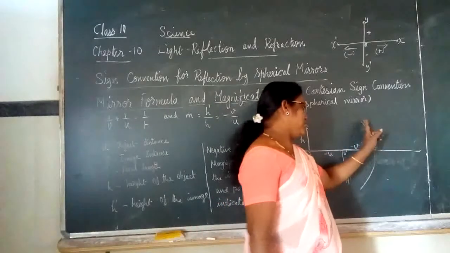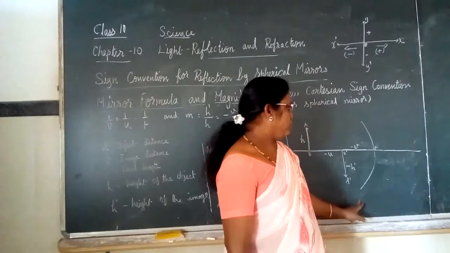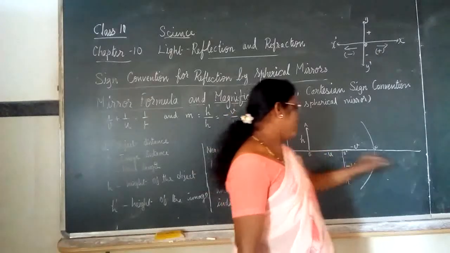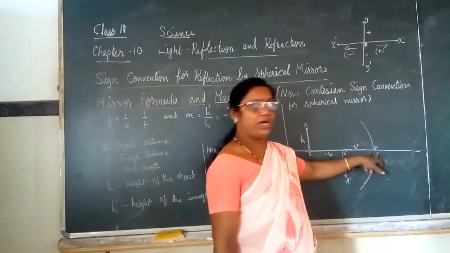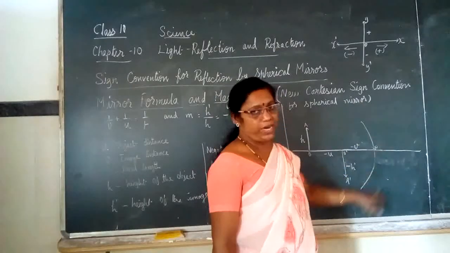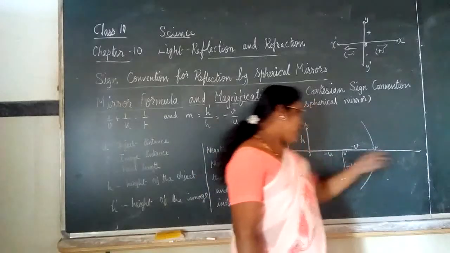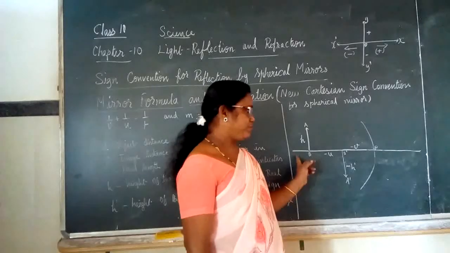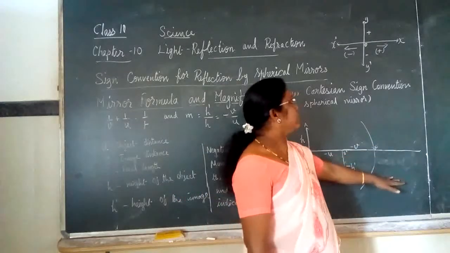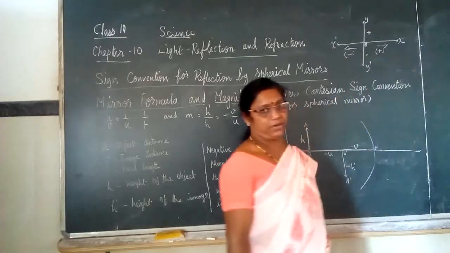Let us consider here a concave mirror. You can see a line drawn horizontally, and it passes through the pole of the mirror and the center of the curved surface. This line is known as the principal axis. Now we are going to compare this figure with the Cartesian plane.